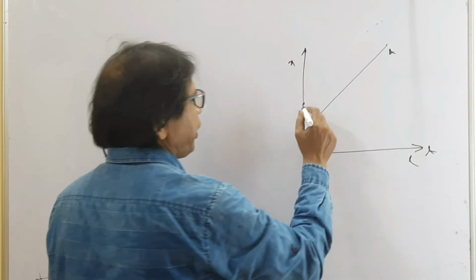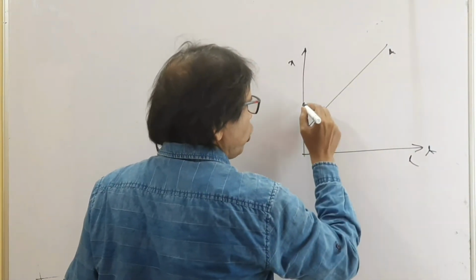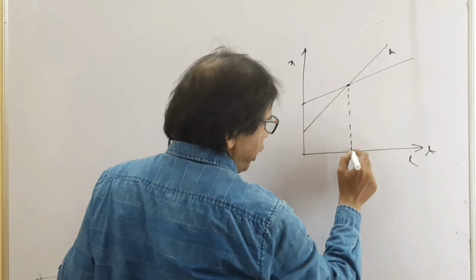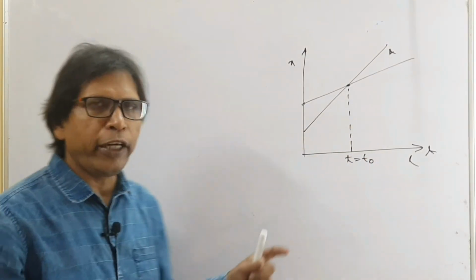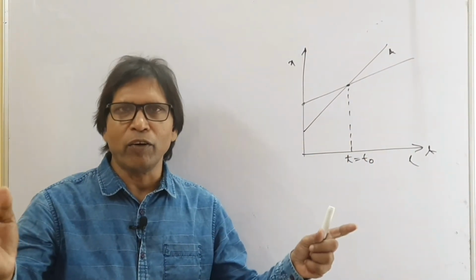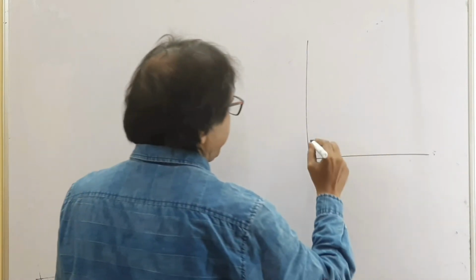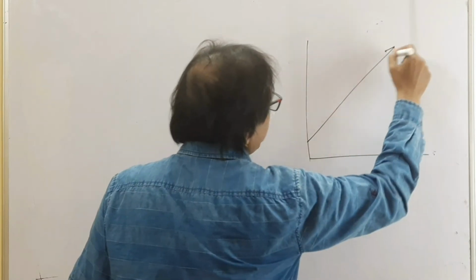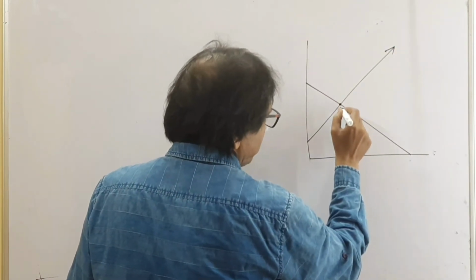If they are moving in different directions, suppose velocity of A is greater than velocity of B, they meet at this point. If this is the time t equal to t naught, then at t naught they meet each other. If A and B are moving in the opposite direction, one velocity is positive and the other velocity becomes negative, and they meet at this point.